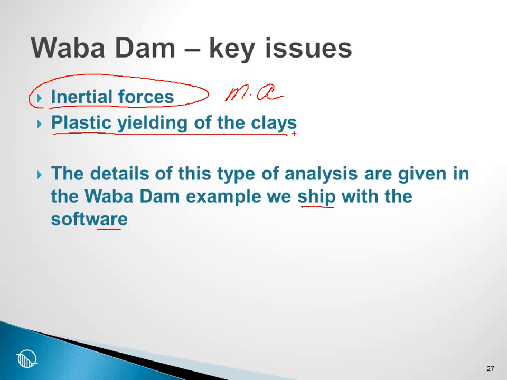The factor of safety never fell below 1, but in spite of that, the inertial forces, mass times acceleration, caused there to be some plastic straining and some plastic yielding of the clays, and this manifested itself in a possible permanent deformation if this structure were subject to this type of earthquake.